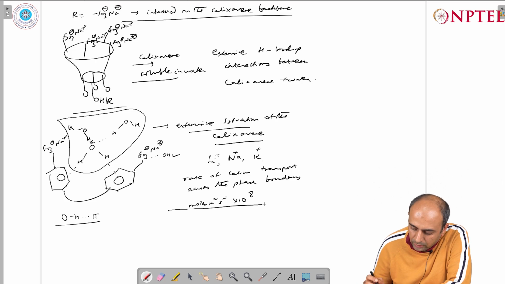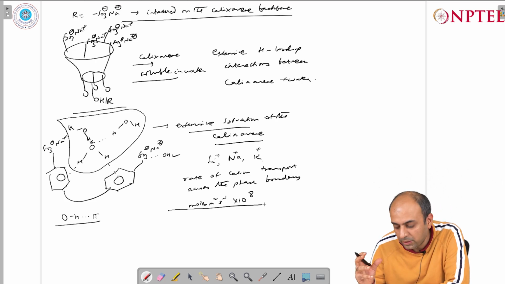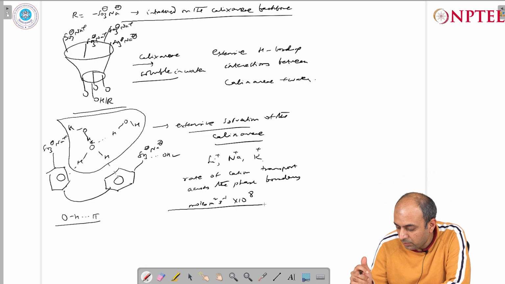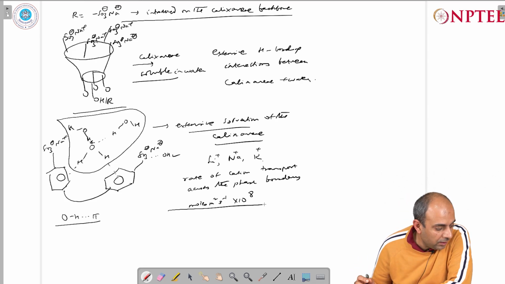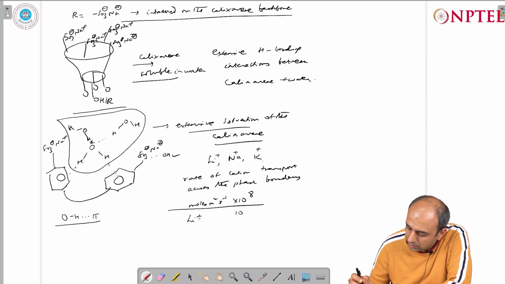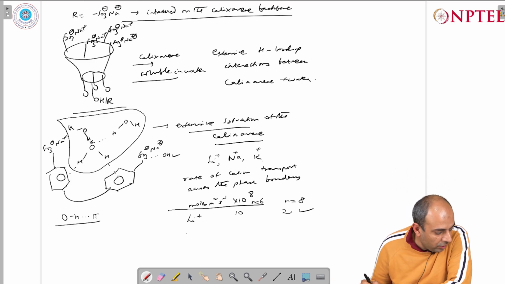This particular value is being reported. That is the amount of the cation which is being transported across the phase boundary in moles per unit area per unit time is 10 for lithium ion, and it is only 2. So, when you have the calixarene with n equal to 6, it is 10, and when you have it equal to 8, it drops to 2. And for potassium hydroxide, the value is 13 and 10.